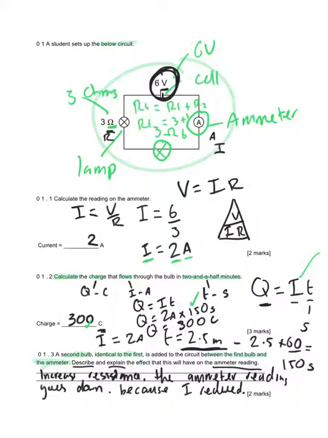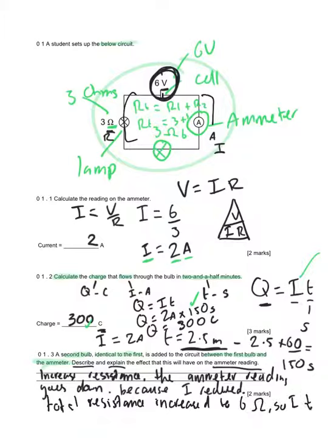So I just might want to add the kind of reasoning that I put in here, where I talked about total resistance increased to 6 ohms, so current decreases. You'll have to excuse my poor handwriting, and I haven't got much space to write. I think you guys will have more space on an exam paper to write.